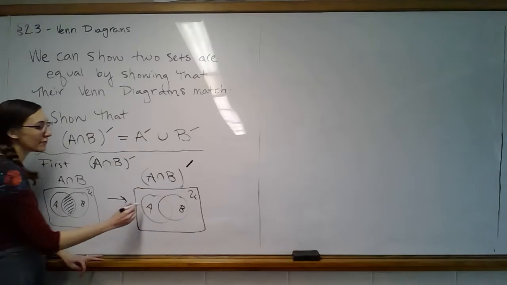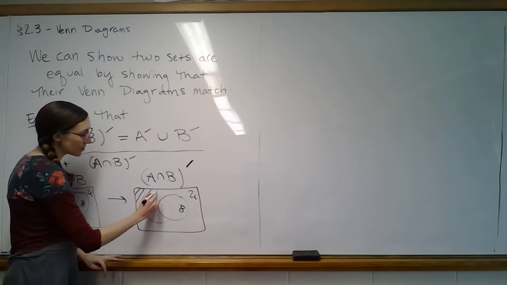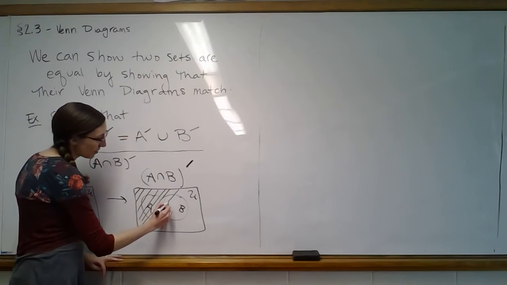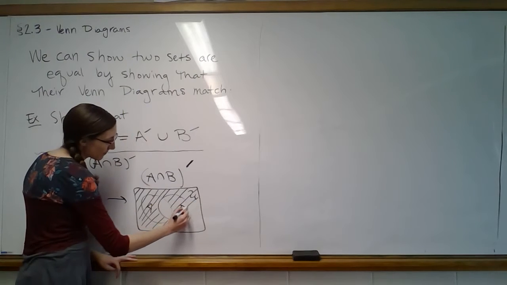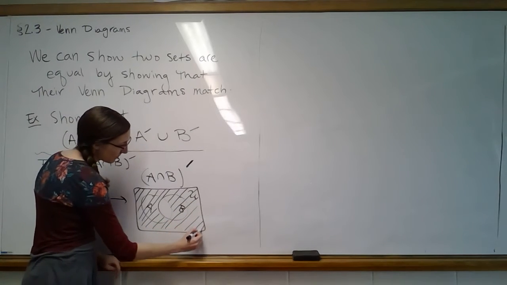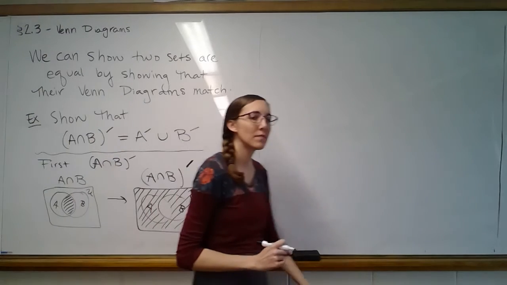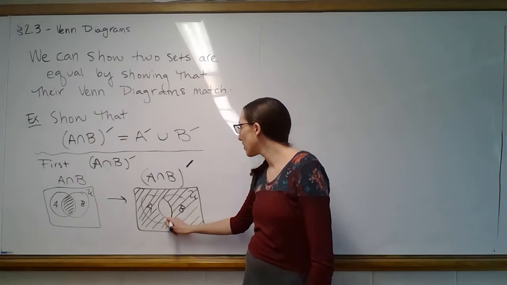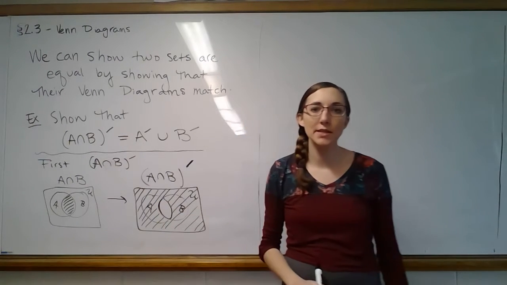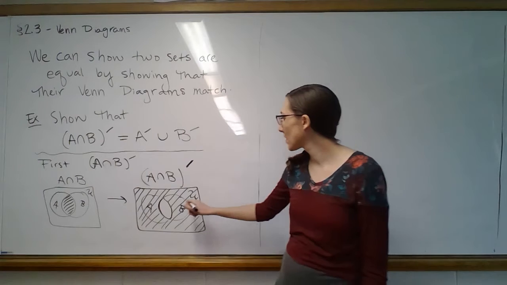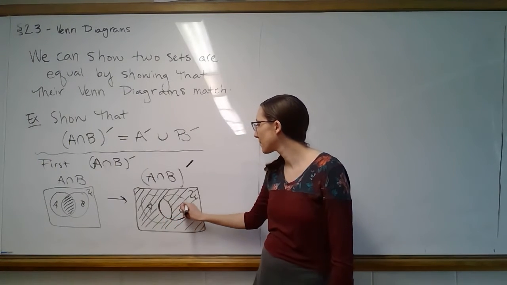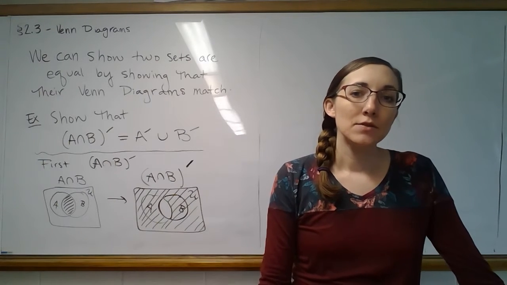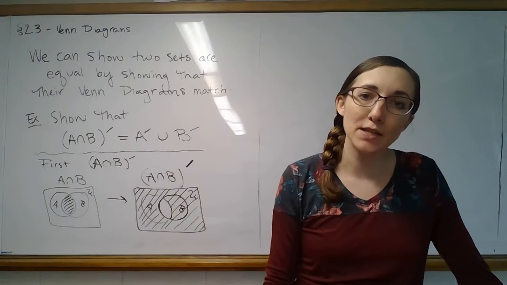So we're going to shade everything except the middle region. So we're going to be left with everything shaded, but this middle region is left unshaded. Okay, so that's our picture for (A intersect B) complement.